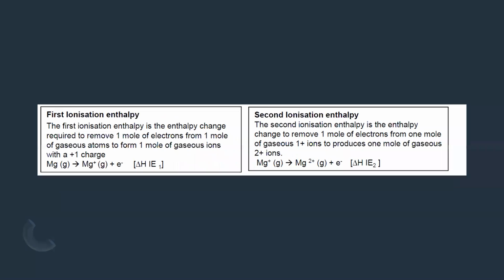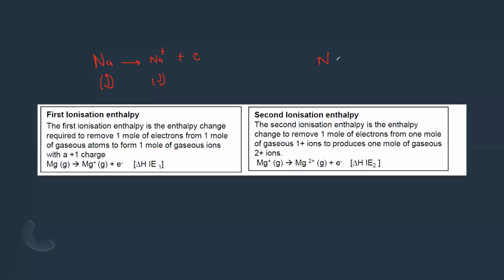Ionization is the energy required to remove an electron from a neutral gaseous atom. If sodium is there in a gaseous state, and we remove one electron from the sodium atom, we call that the first ionization.